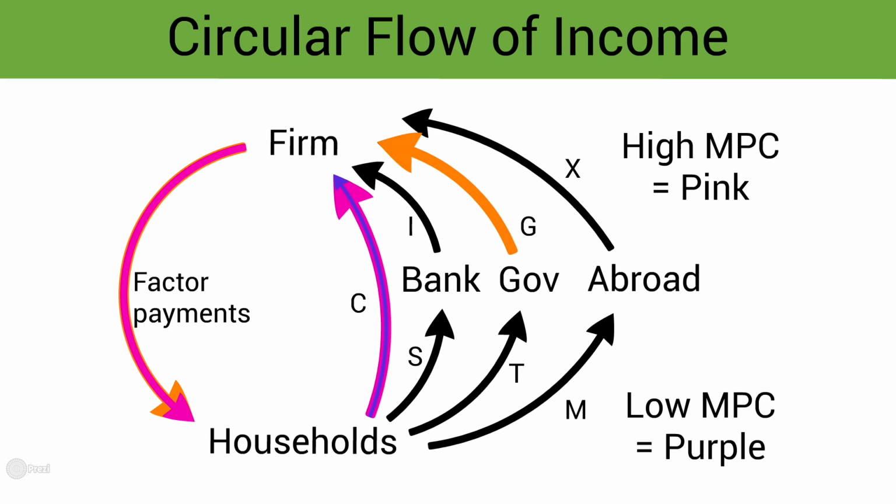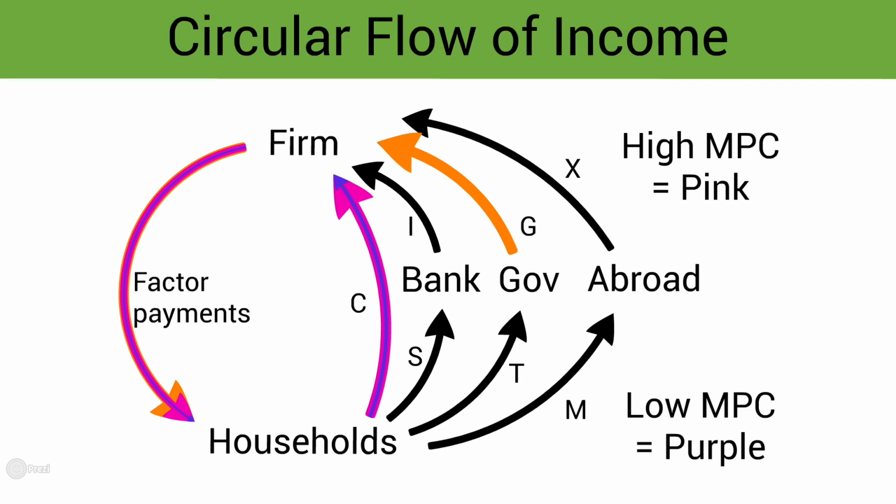This means that they require fewer factors of production to produce these fewer goods. This means that the factor payments that go back to households are smaller than in the high marginal propensity to consume case. We can compare the factor payments in each of the two cases.